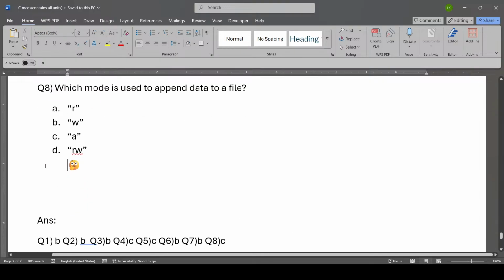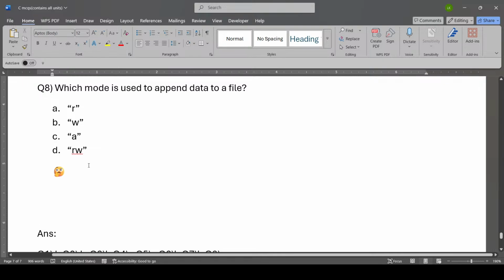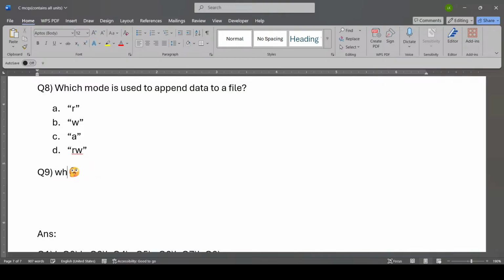Now let's go for the next question. Question 9 is: which header file is used for file handling?